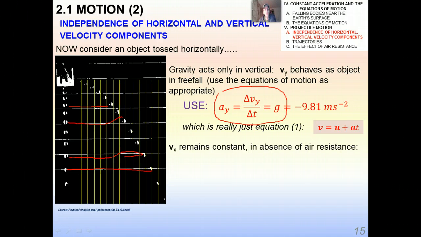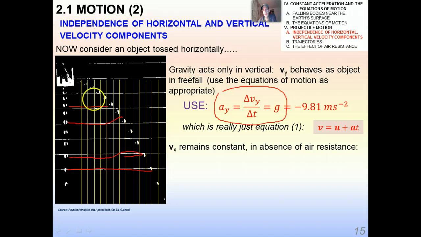All right, now the other thing that's really interesting is if you draw a bunch of vertical lines corresponding to the position of the ball at certain time intervals, the one on the right, okay? Here I've drawn a yellow line to line up exactly with the right edge of the steel ball. You notice something, and to me this is even more counterintuitive originally: the horizontal velocity remains constant.